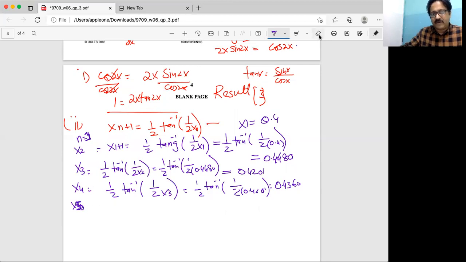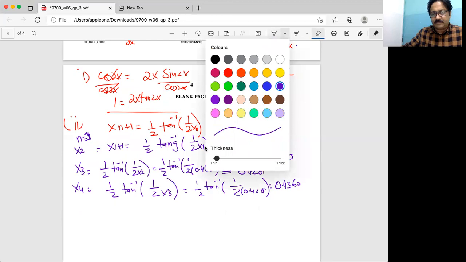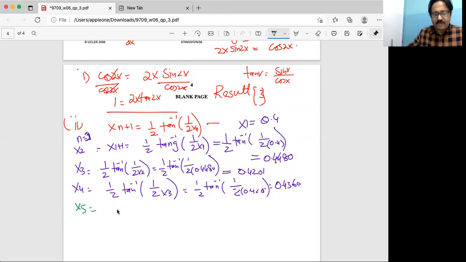Okay, x5. X5 is 1 over 2 tan inverse of 1 over 2 x4. So what is x4? 0.4360. That's the result.